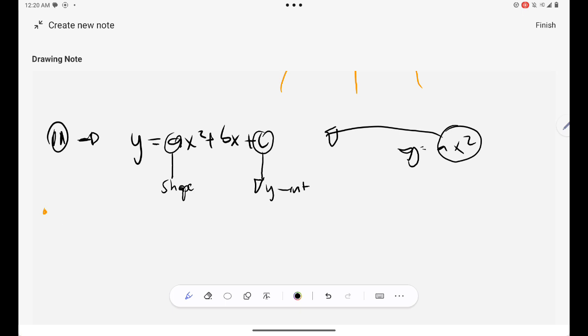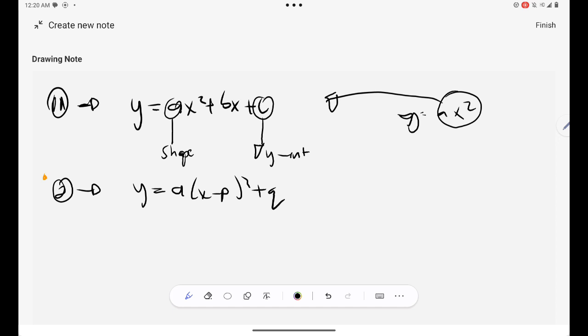Are you together? But if they give you a graph in this form, now they are giving you the value of the turning point. P and Q are the coordinates of the turning point.